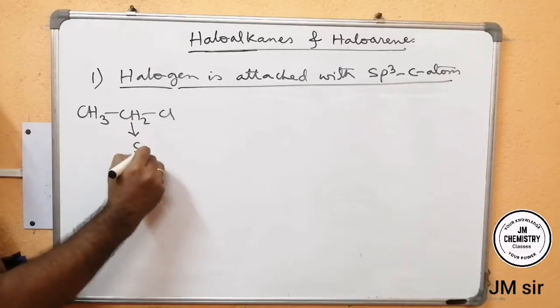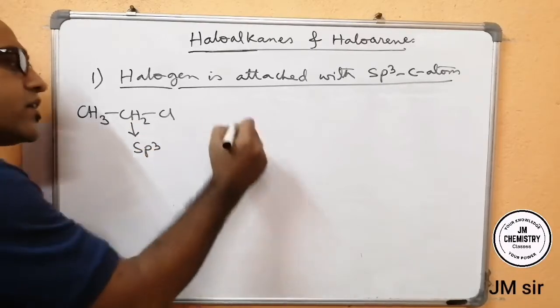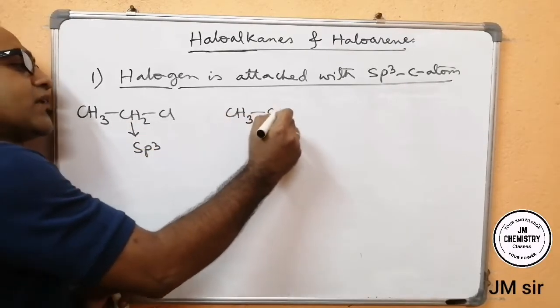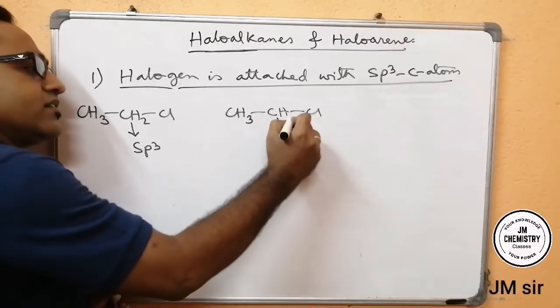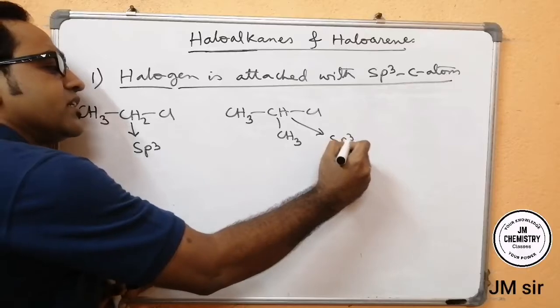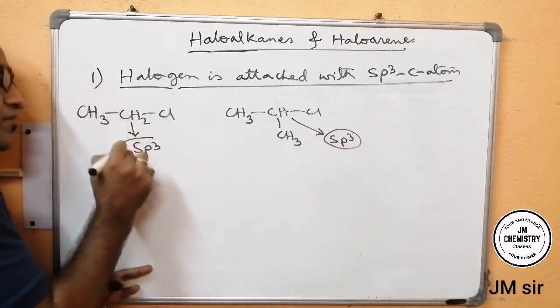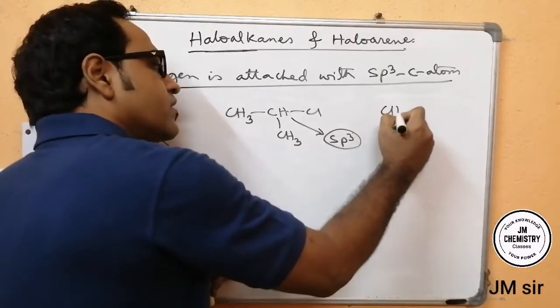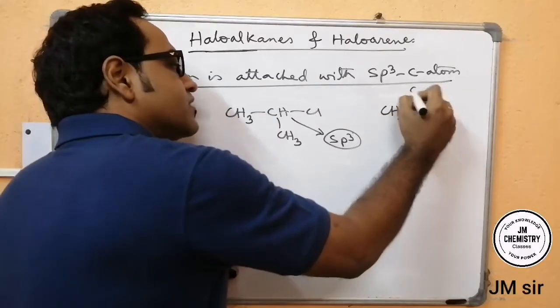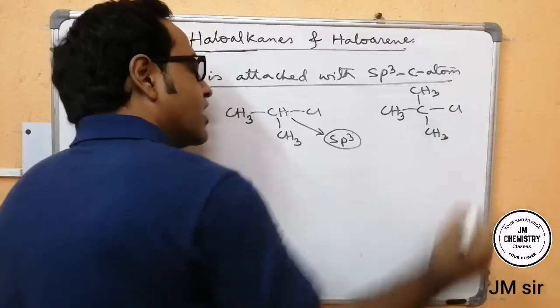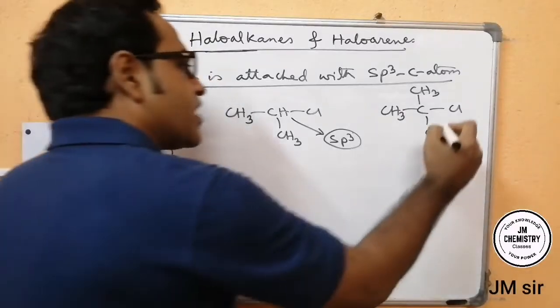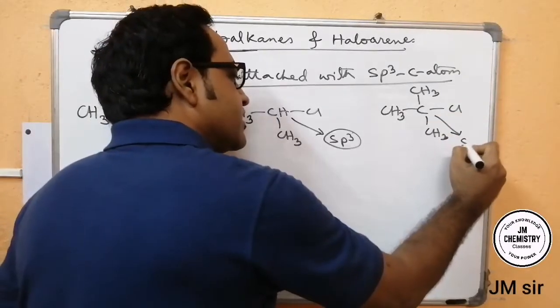This carbon is sp3. Now this one, CH3-Cl. This carbon is sp3. This one, CH3-CH(Cl)-CH3, and this carbon is again sp3.